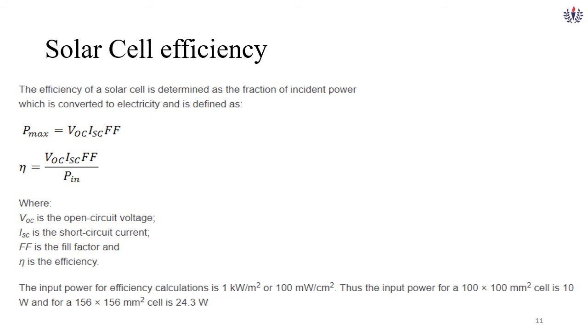Here the output power is nothing but the maximum power. So, efficiency can be written as P max divided by input power.